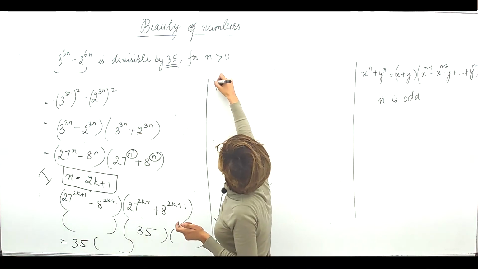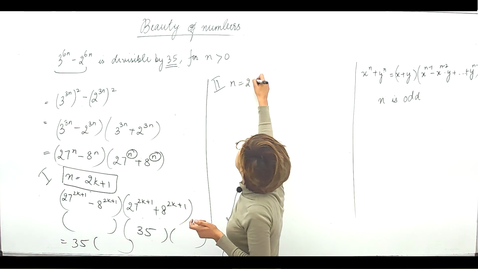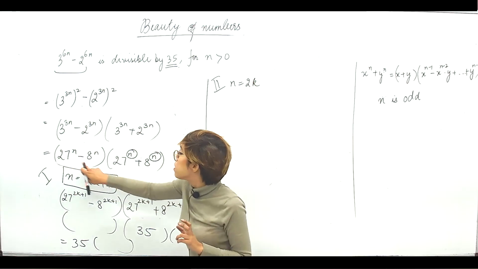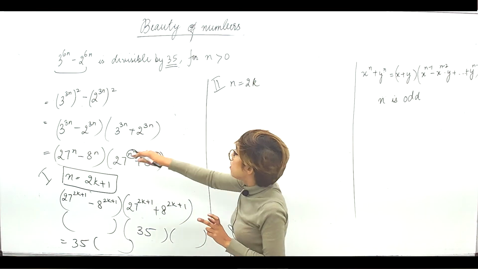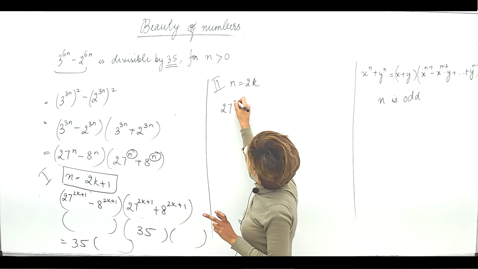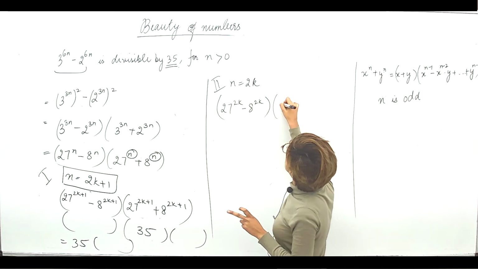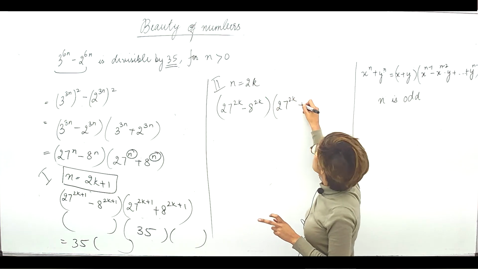Second case is n is even. n is of the form 2k. Right? When n is of the form 2k, let's see what happens. So this is 27 raised to 2k minus 8 raised to 2k, into 27 raised to 2k plus 8 raised to 2k.